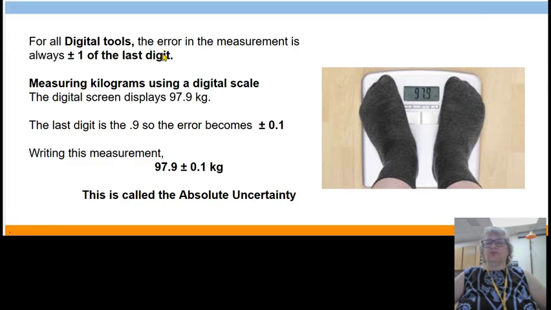If I'm looking at this digital scale, it says 97.9. That 0.9 is your last digit, so it would be plus or minus 0.1. In this case, it would be 97.9 plus or minus 0.1 kilograms. Again, this is called your absolute uncertainty.